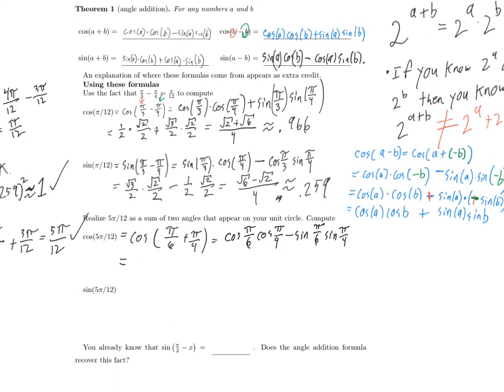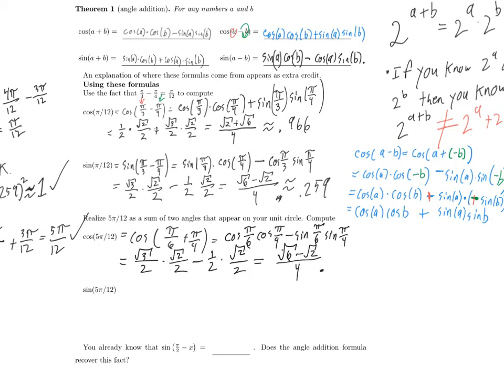Writing that out, the cosine of pi over 6 is square root of 3 over 2, times the cosine of pi over 4, which is the square root of 2 over 2, minus the sine of pi over 6, which is 1/2, times root 2 over 2. Walk that all out, it looks like you get root 6 minus root 2 all over 4.